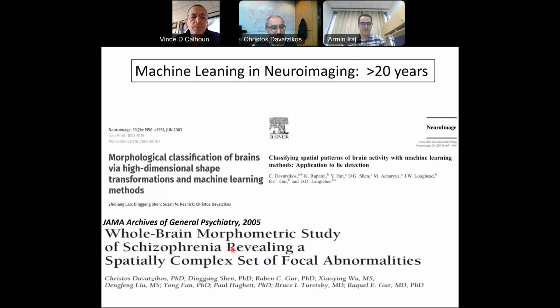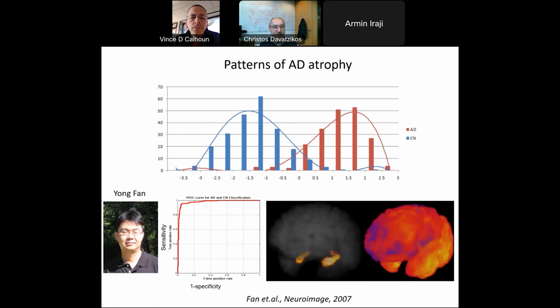Then we were doing some more interesting things, such as trying to find an imaging signature of schizophrenia from MRI. So in 2007, there was some work by Yongfang, who is now on our faculty here, but was a postdoc back then. It was one of the papers that showed that we can actually find an imaging signature of Alzheimer's disease that you can detect at the individual level.